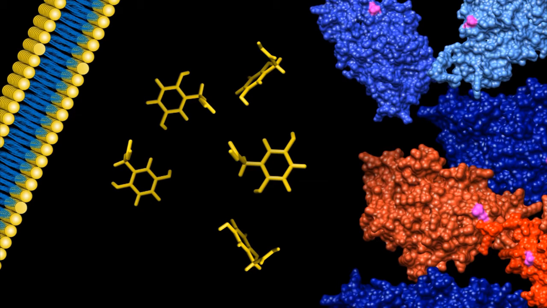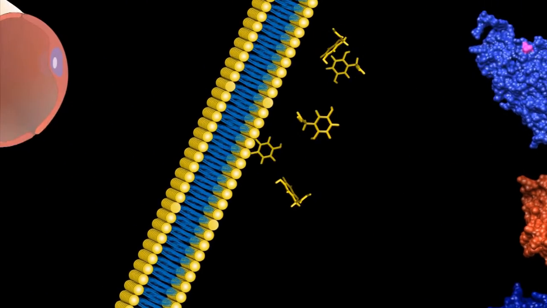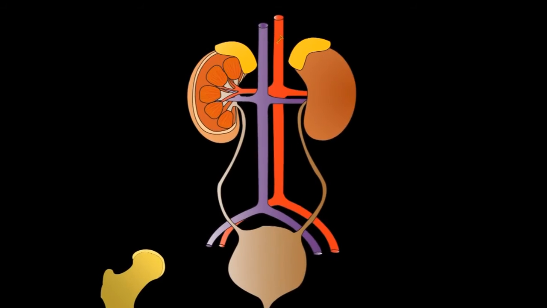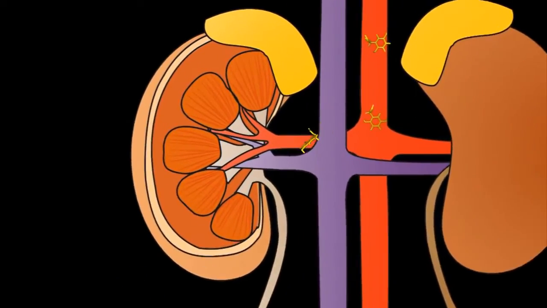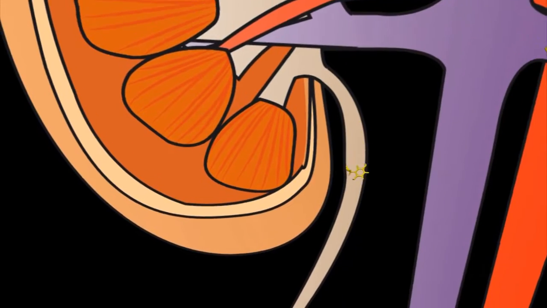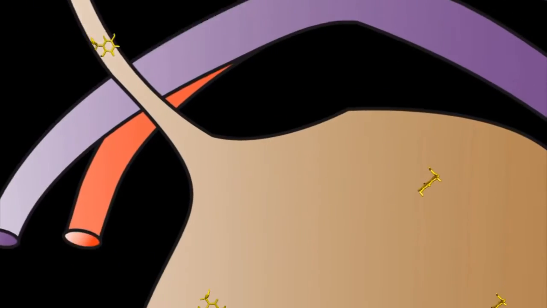This leads to an accumulation of HGA molecules within the cell that subsequently cross the cell membrane and finally get into the blood circulation. From there, they are filtrated at the kidney and eventually excreted out of the body into the urine.